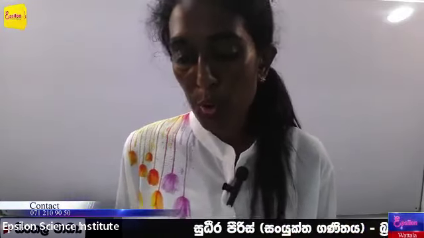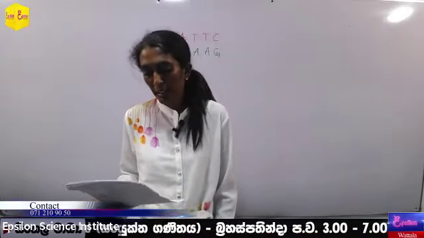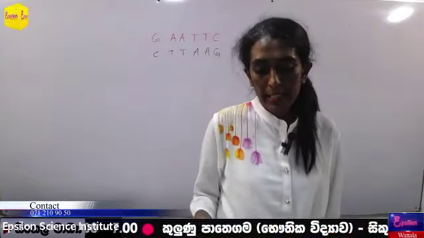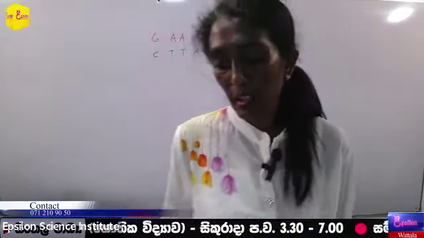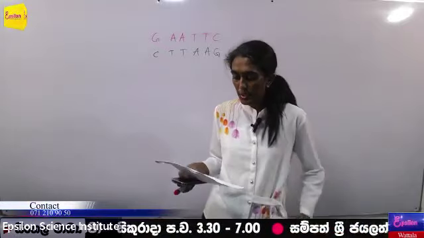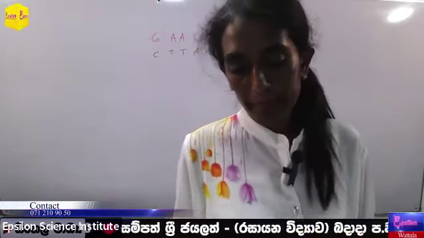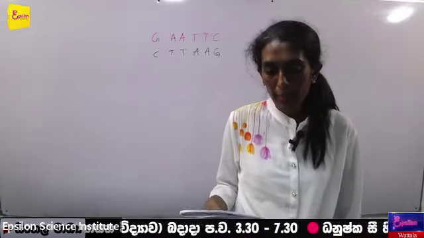Nitrogenous base, pentose sugar, and phosphate group. Fifth one, write three functions of nucleotides: acting as an electron carrier, energy carrier, acting as a coenzyme, acting as a reducing agent, as an oxidizing agent. Electron carrier also can be added. 1.5 marks, 0.5 each.